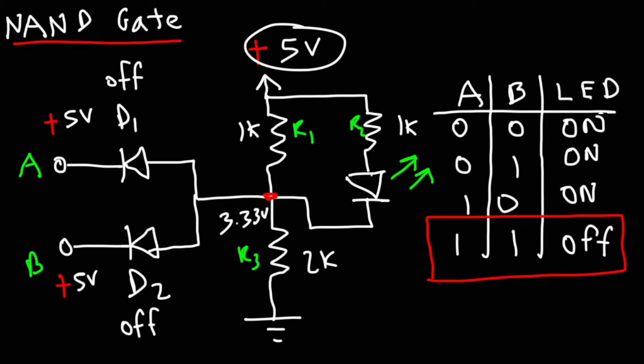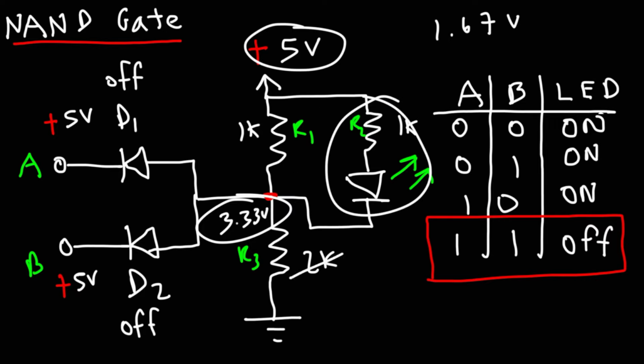Now, once R2 and the LED are connected across R1, the voltage between these two points is automatically set to 1.67 volts. That's not enough to activate the LED. We need at least 2 volts to activate it. Now, if this was 1K, this would be 2.5, which may be enough to activate it.